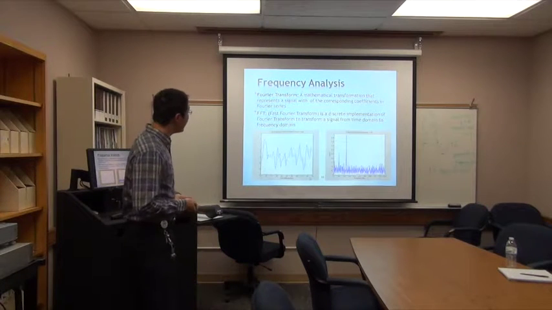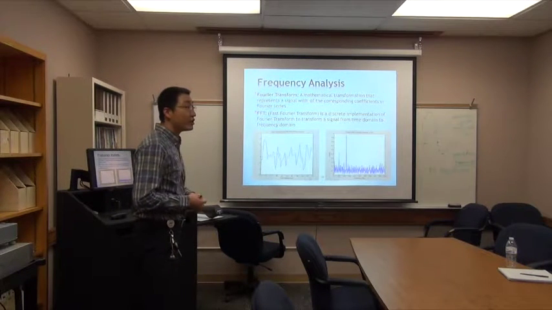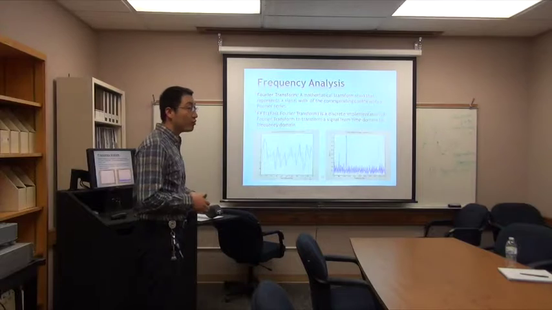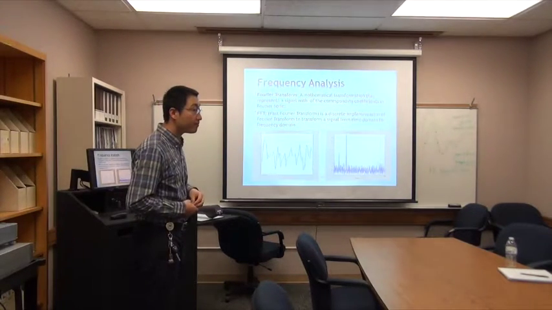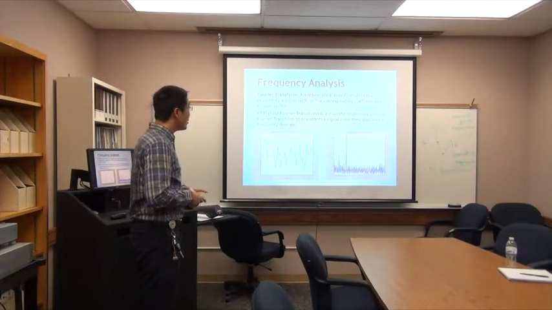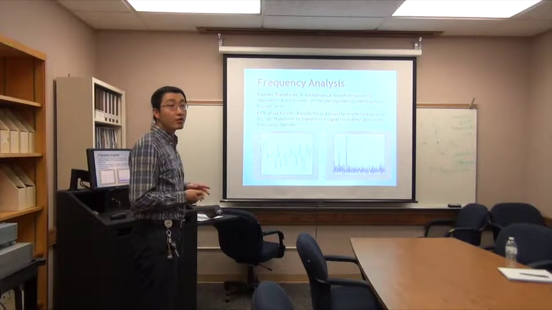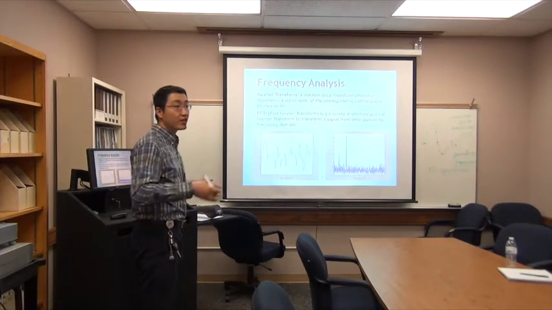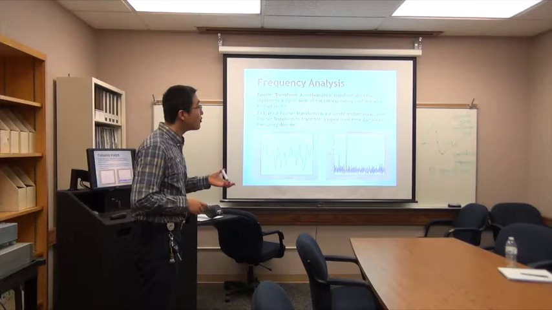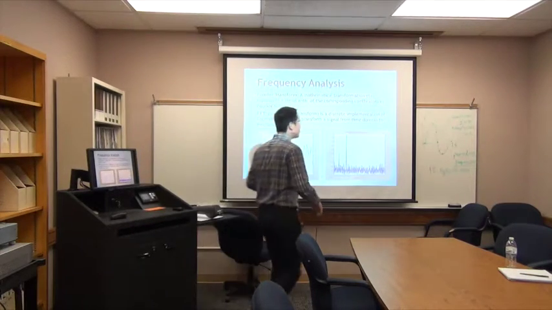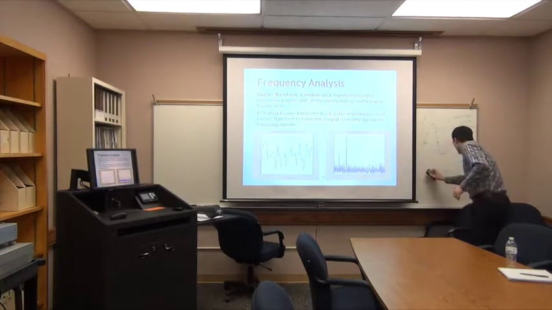Now, a lot of the time when we apply FFT to random signals, we're going to get multiple peaks, right? The reason is for random signal, there are multiple frequency contents. It's very easy to build a signal with multiple frequency content.